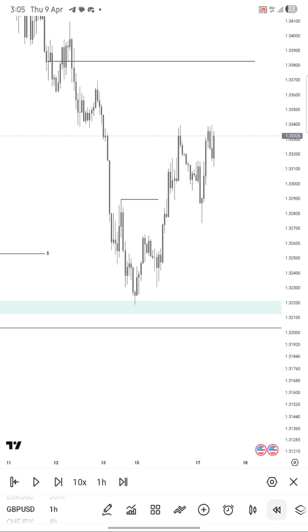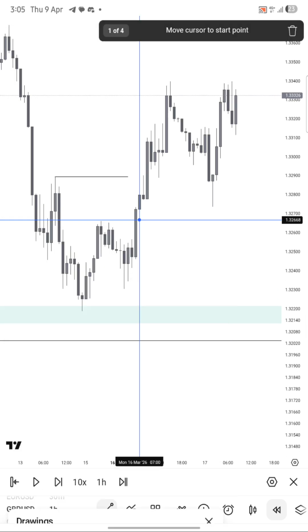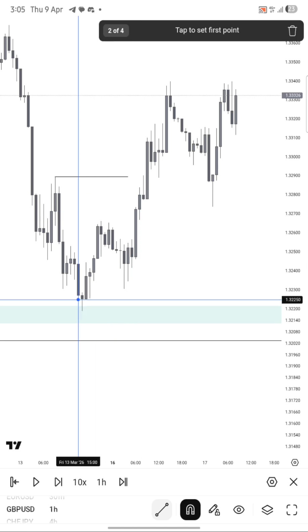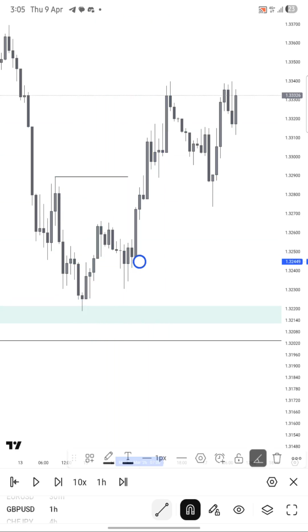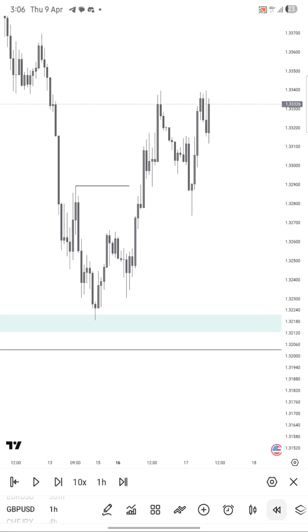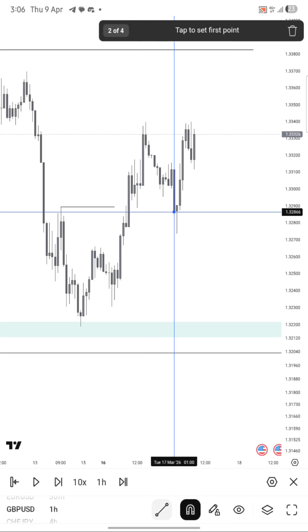Since we are on a 1 hour time frame, it is going to be enough for us to read the market, since we are watching a 4 hour dealing range. So we will be reading the discount levels. Or what we can do right now is get another dealing range when they break this low.